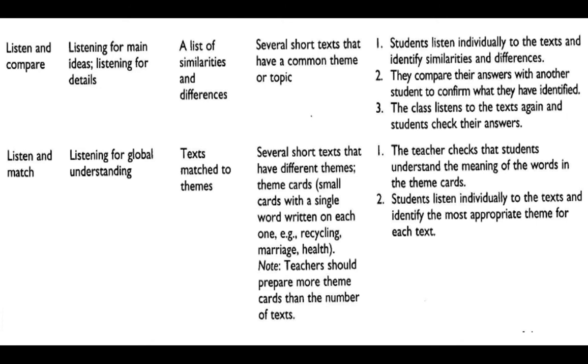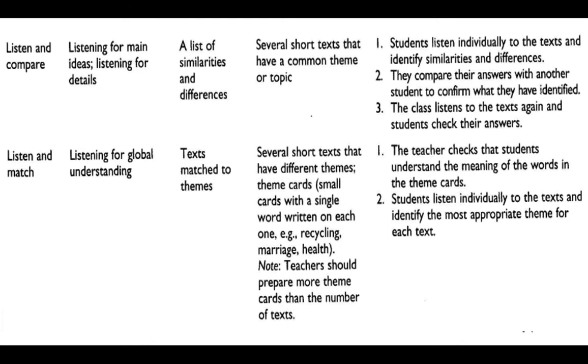Next, listen and match. Here, the skill or objective that is being focused on is for them to listen for global understanding of the text. And the product is text matched to themes. The material that you can use is several short texts that have different themes.